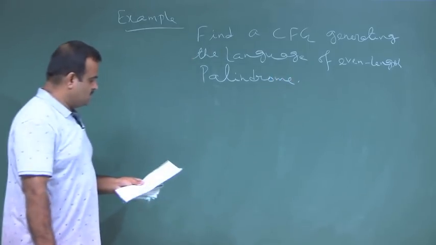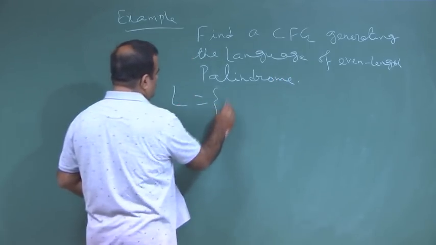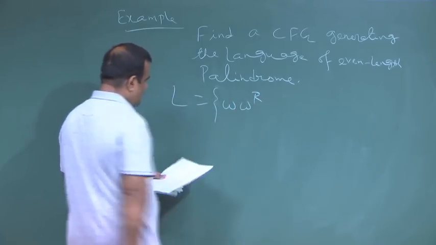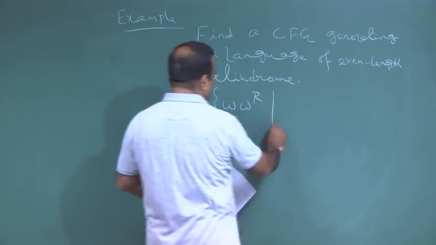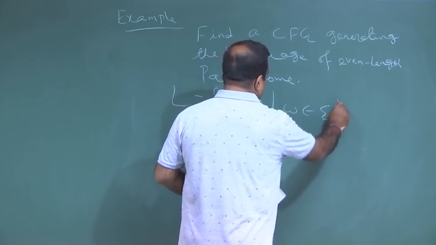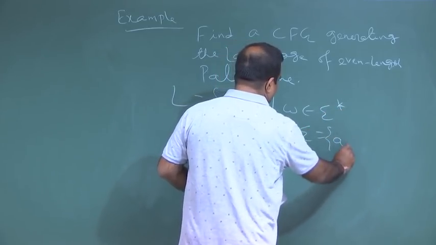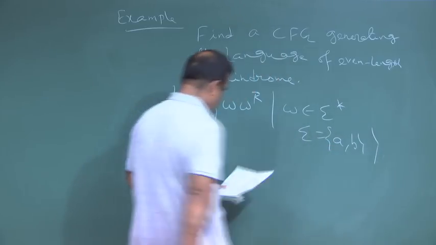That means L will be of the form W W R, where W belongs to sigma star, with sigma being A, B.